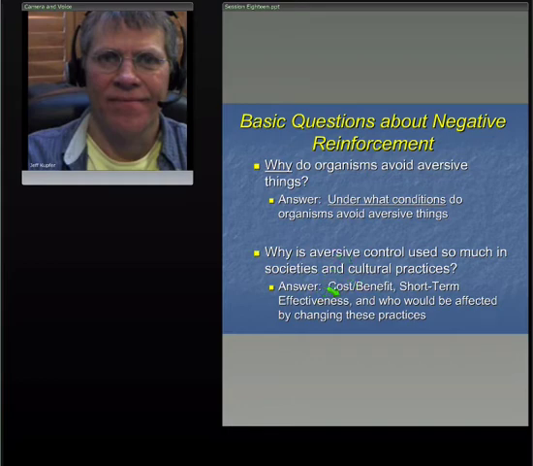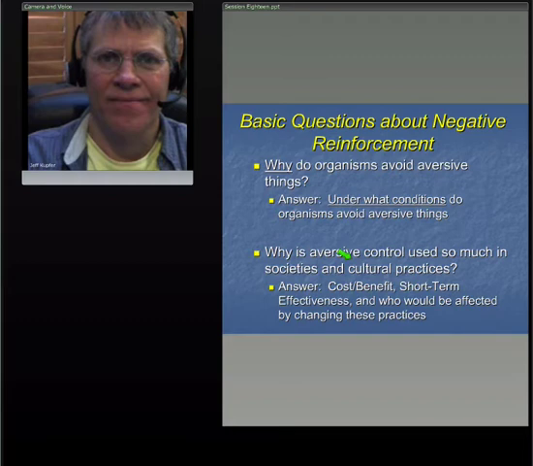In other words, the cost benefit of using aversive control usually benefits the people who are affected by changing these practices. Those who actually arrange the contingencies of aversive control do so because they themselves are negatively reinforced and are able to gain control quicker than using other techniques.